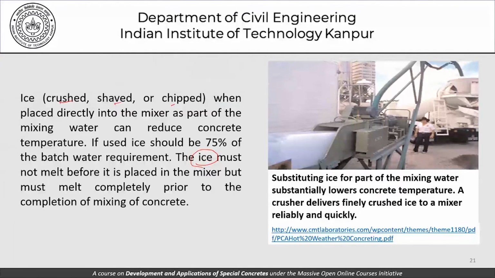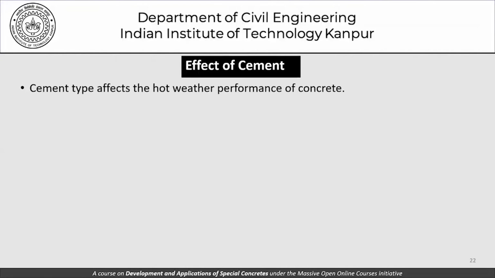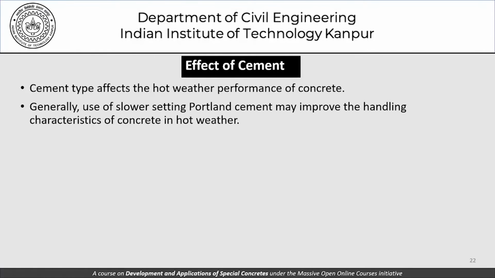As far as the effect of cement is concerned, the cement type also affects the hot weather performance of concrete. Generally, the use of slower setting Portland cement may improve the handling characteristics of concrete in hot weather. You will recall that if you compare our discussion today with the discussion yesterday, a lot of things are just the opposite of what we talked about yesterday.